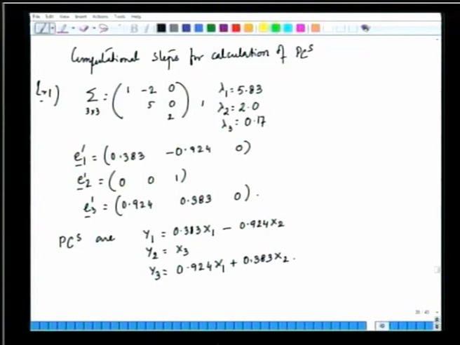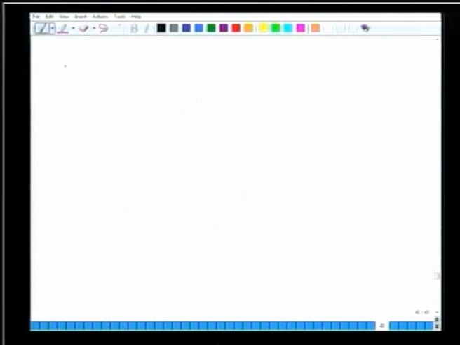And if that is so, I am going to now see how important these principal components are, how much of the total variation they can explain. These are the characteristics that we have talked about. The first PC explains how much?